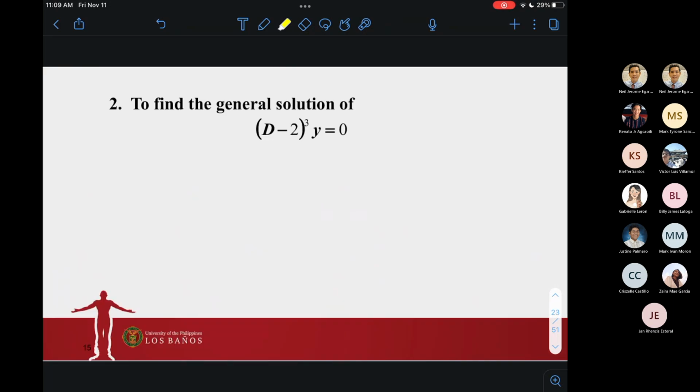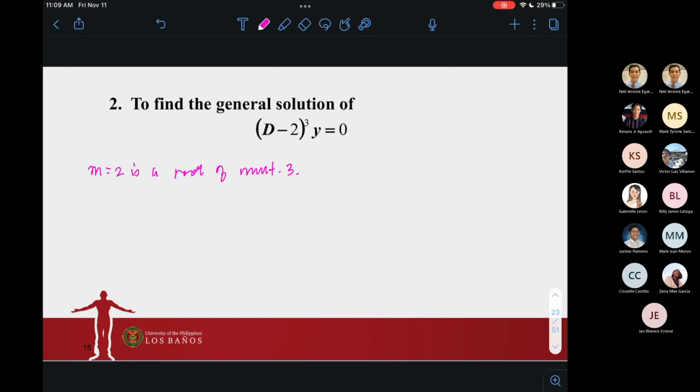So mabilisan. D minus 2 cubed y. So we know that m equals 2 is a root of multiplicity 3. Kasi thrice siyang mag-appear as a root, si m equals 2, right? Kasi si m minus 2 ay 3 beses na factor ng ating auxiliary polynomial na m minus 2 quantity cubed.